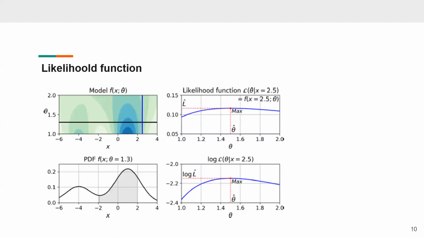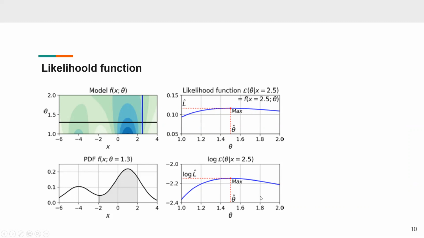We will have some sort of graph very shortly, but so far let's look at the definition of the likelihood function. The likelihood function itself is, given an observation x, what is your parameter theta? So if you have a given value of 2.5, with x being 2.5, what's the likelihood function of your theta? And in this case, you always want to find the maximum of the likelihood function of theta, which will give you a corresponding value.